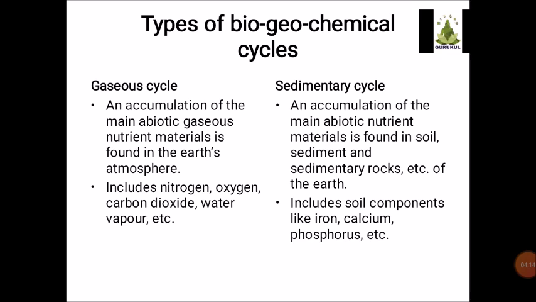So the gaseous cycle is mostly related to gaseous nutrient material, whereas the sedimentary cycle is an accumulation of main abiotic component materials found in the soil, like sedimentary rocks, etc. Means the sedimentary cycle is related with the soil and the different components or factors which are associated with the soil.